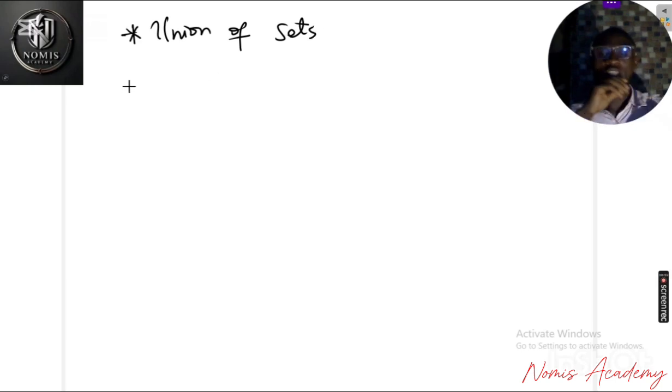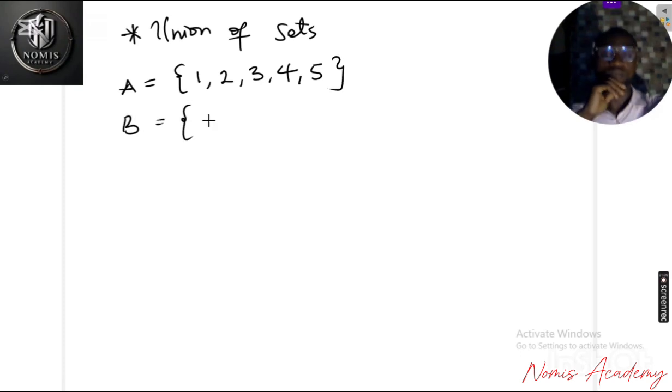So let's say we have set A equals 1, 2, 3, 4, and 5. And we have set B equals 2, 3, 4, 5, 7, 8.